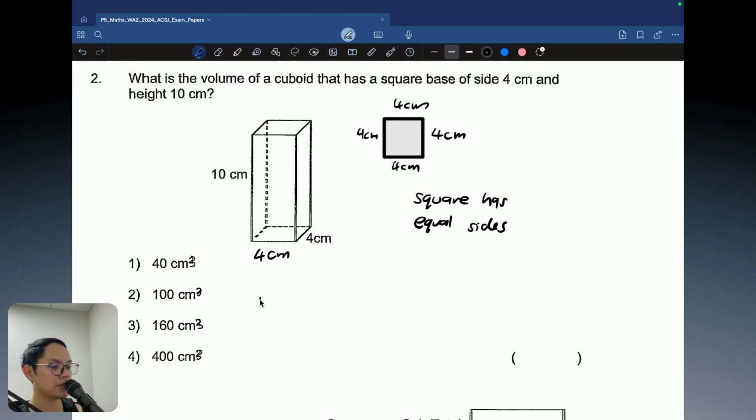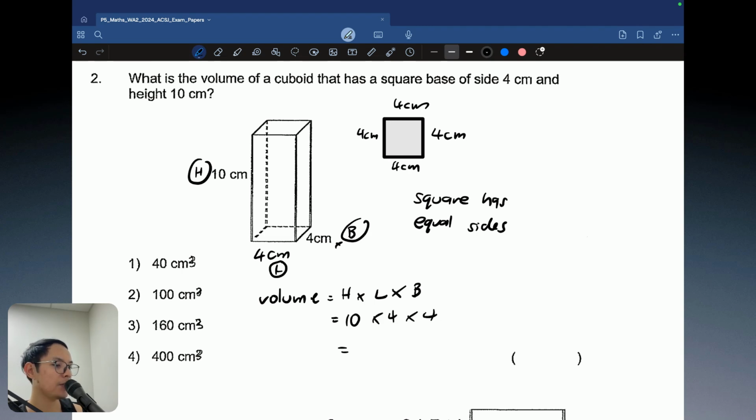To find the volume, we usually need the height, which is h over here. So height times length, L, times breadth, or length times breadth times height. So h over here is 10, length is 4, and breadth is 4.